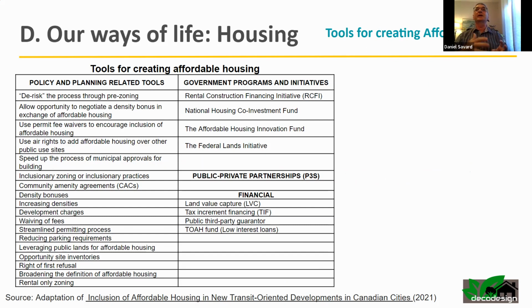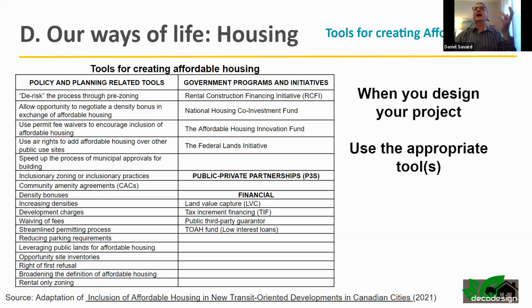It's tools for creating affordable housing: policy and planning related tools, government programs and initiatives, or public-private partnerships or financial types of tools. We should look at our design for our communities and use the appropriate tool.